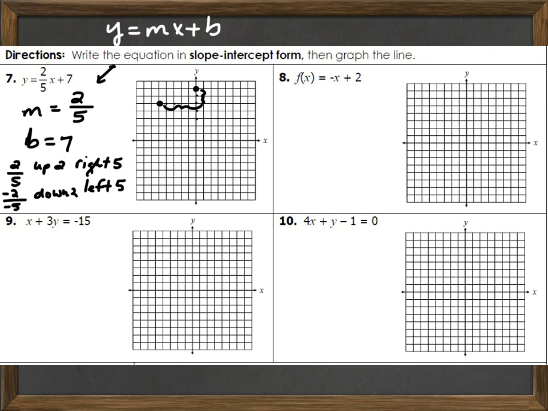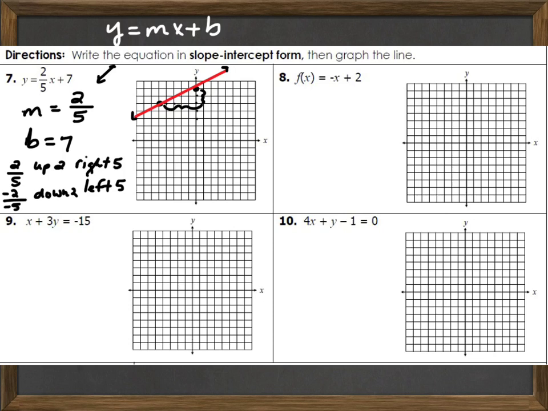I can't go down 2 and over 5 anymore, so I'm going to have to just draw my line through that point, such as it is, and try to hit that point. So there's a line that goes through those 2 points, with some arrows on the ends. And the name of that line is y equals 2/5 x plus 7.